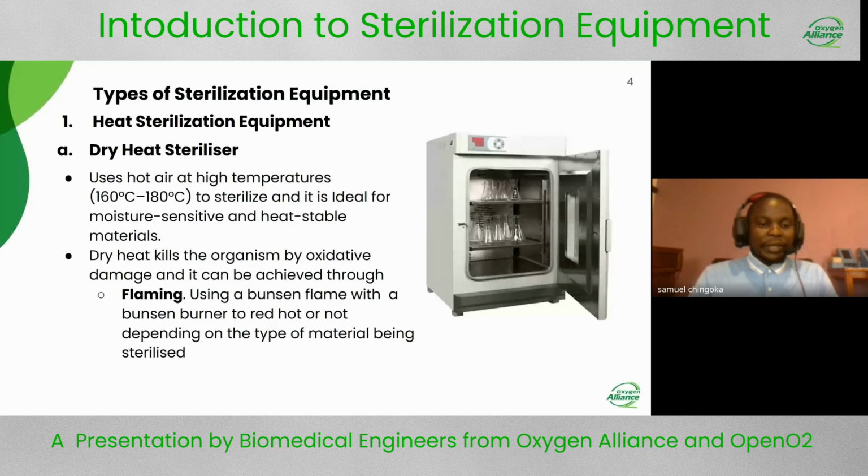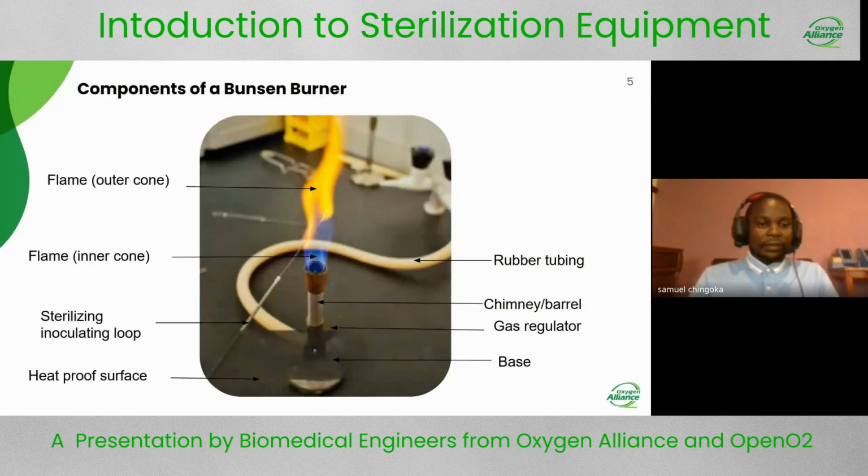The first one is flaming. With flaming, we use a Bunsen flame, using a Bunsen burner to sterilize some of our products, for example, the inoculating wire. Next, we are going to see typical components of a Bunsen burner.